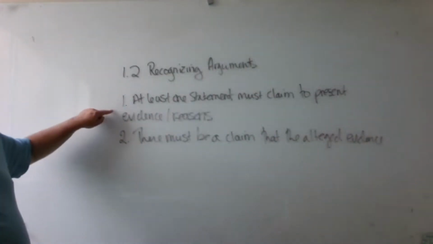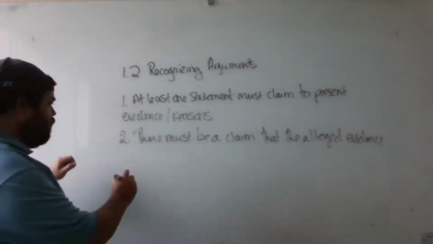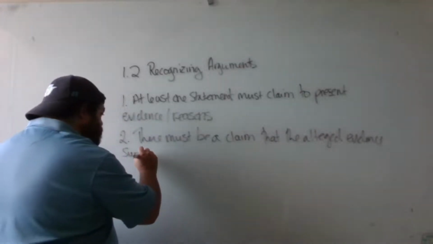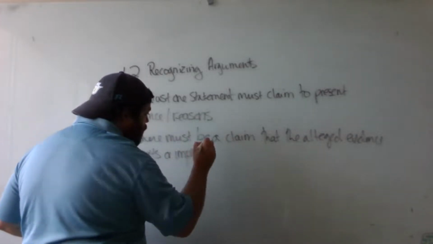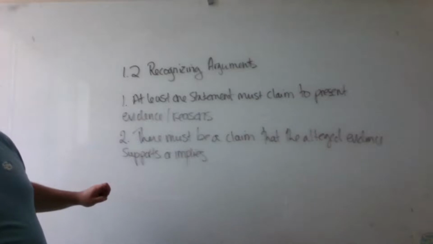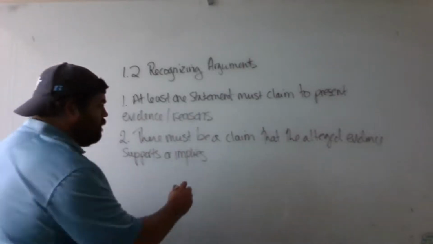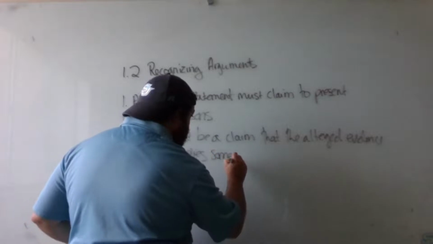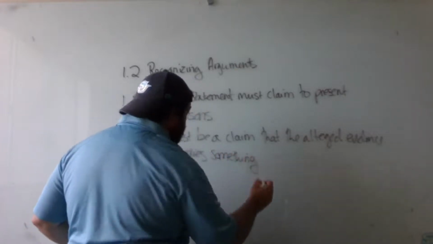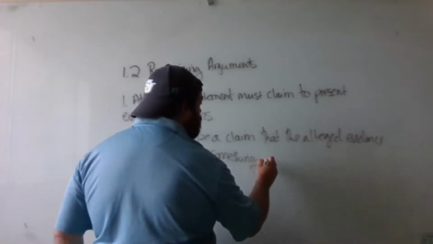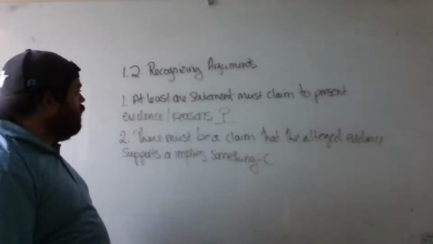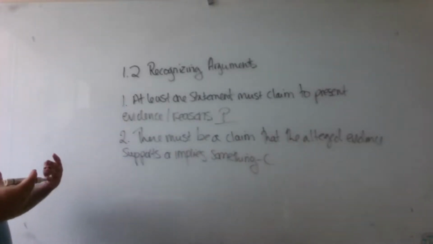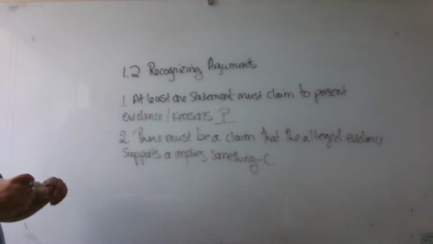The evidence from number one supports or implies something. That something is obviously going to be the conclusion, right? So here you have a premise, here you have a conclusion. These are just the formal elements of an argument with some restated language, right?